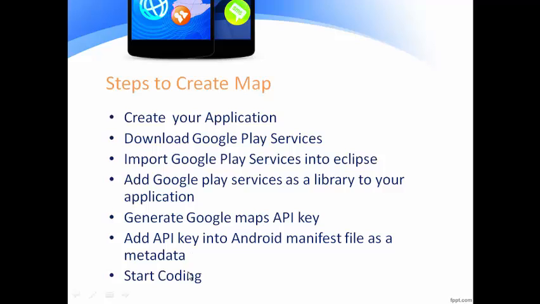And after generating your API key, you have to add that key into your Android manifest file as metadata. I will show how to do all this. You have to start coding after all these basic steps. So let us start with our first step: create your application.